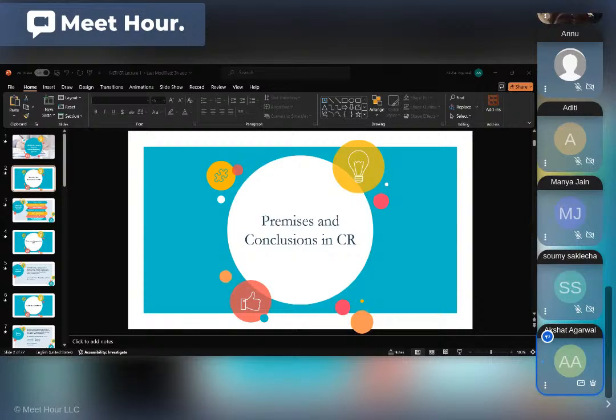Any argument in critical reasoning is basically a set of premises, and on those premises, you arrive at a conclusion. A simple equation is: premise 1 plus premise 2 plus the conclusion makes your argument. In CLAT, you'll generally have passages from, let's say, The Hindu editorials, op-ed pieces, Indian Express opinions, and so on.